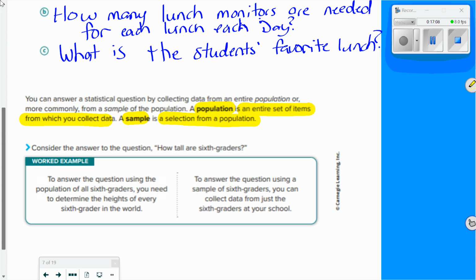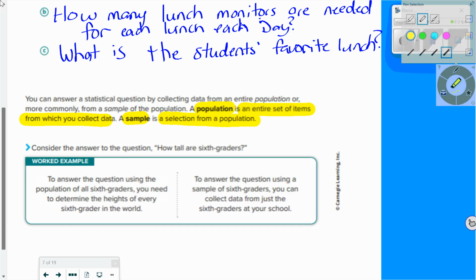So the population is the big overarching one. If I talk about an answer for a population of all sixth graders, and I didn't put any limits on that, I would need to survey every single sixth grader in the entire world. That would be your population.